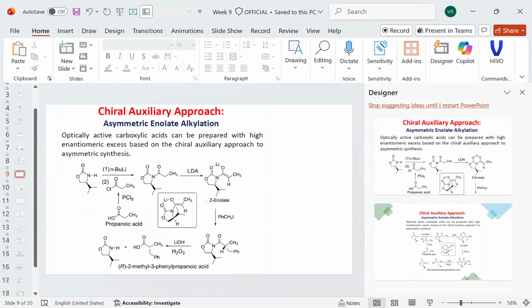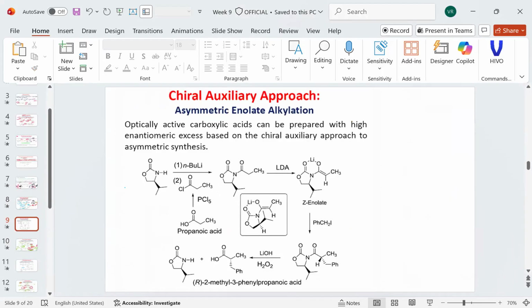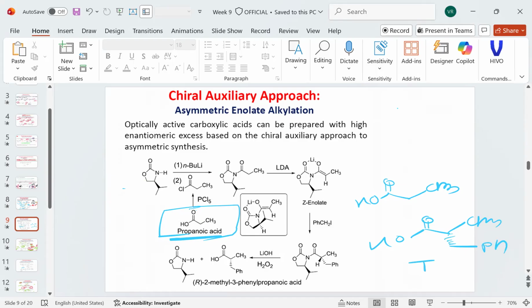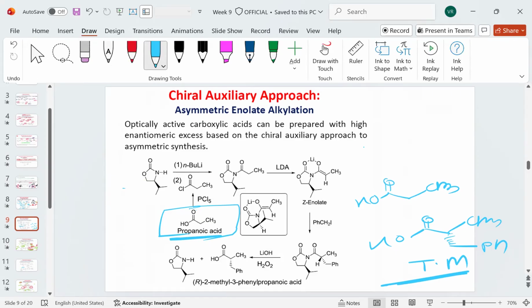So I have this achiral starting material, the propionic acid. We want to synthesize this target molecule from this propionic acid. This is our target molecule, right? We want the synthesis of this target molecule.